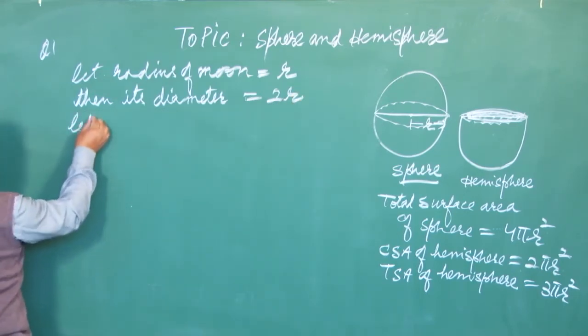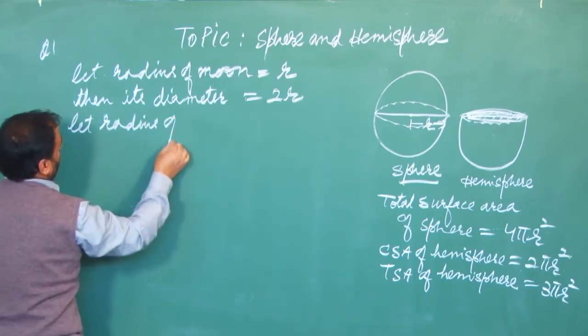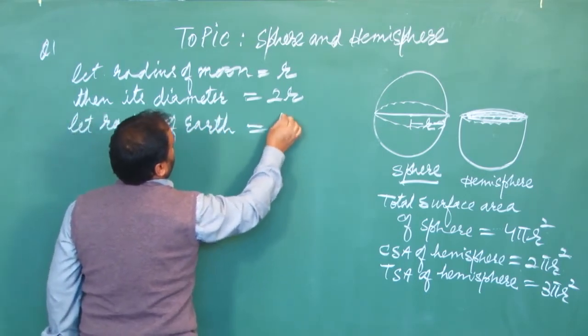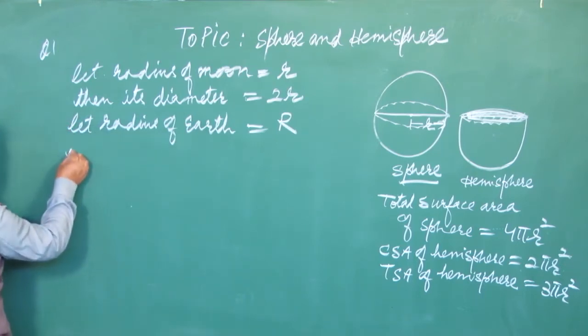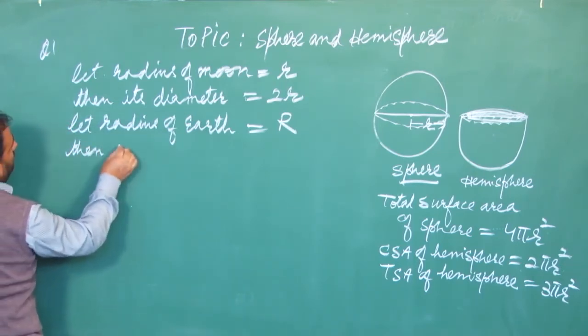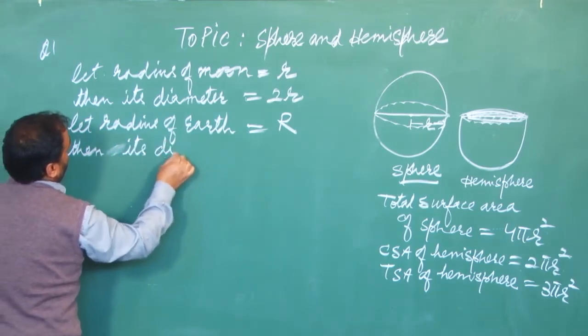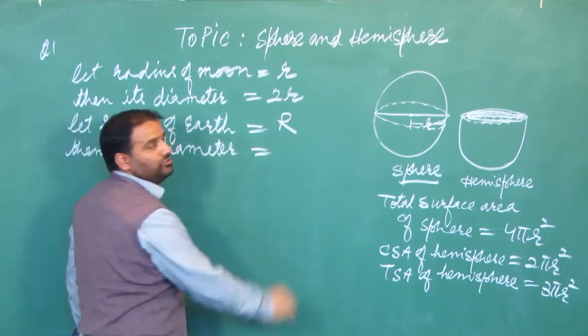And let radius of earth be denoted by a new letter, suppose capital R, and then its diameter is 2R.